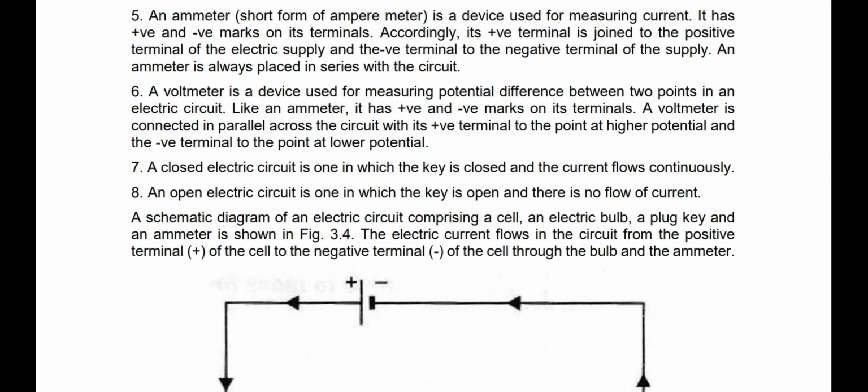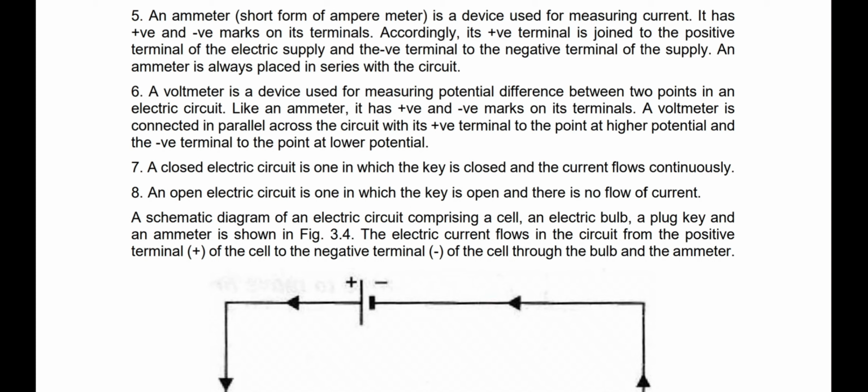A voltmeter is always connected in parallel with the circuit, with its positive terminal to the point at higher potential and its negative terminal to the lower potential.